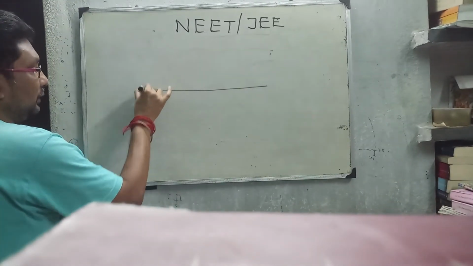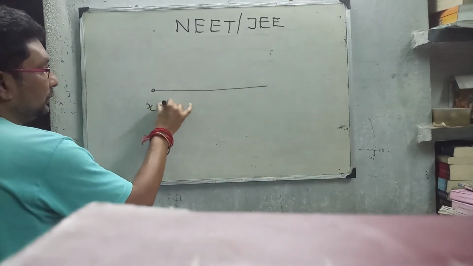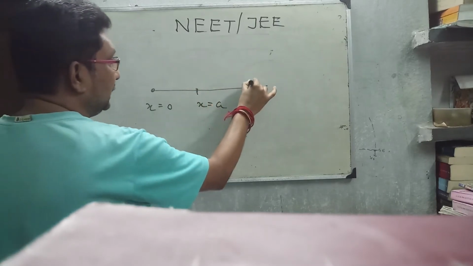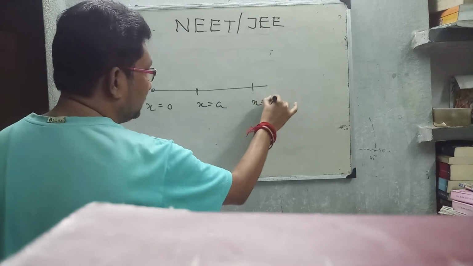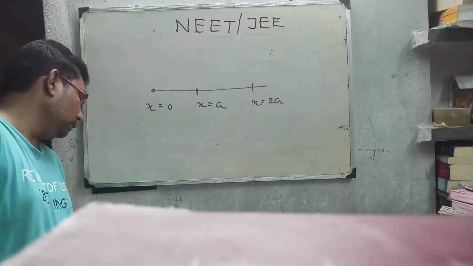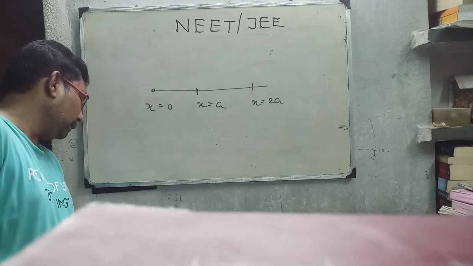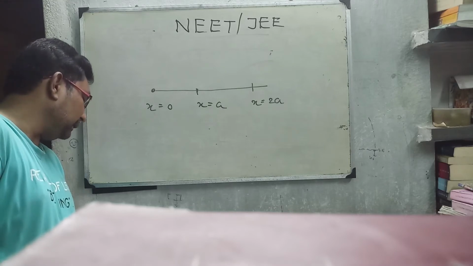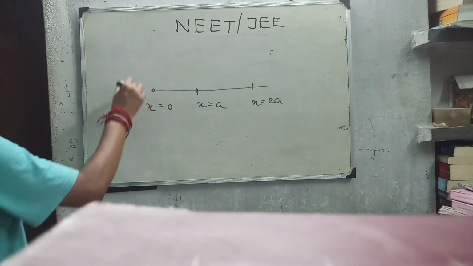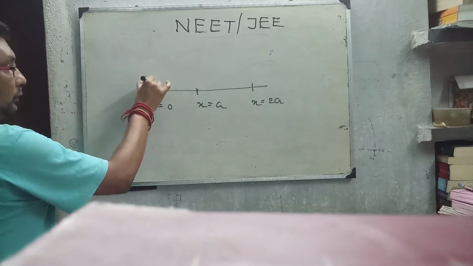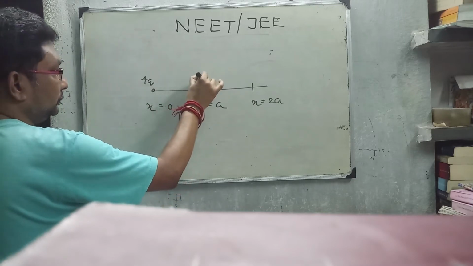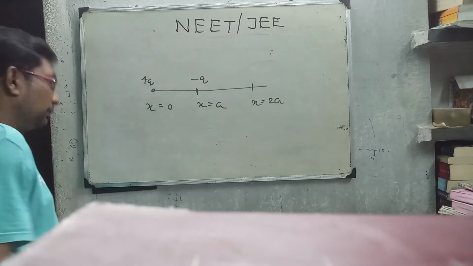This is the x equals 0 point, this is the x equals a point, this is the x equals 2a point. The charges are 4q, minus q, plus 4q.